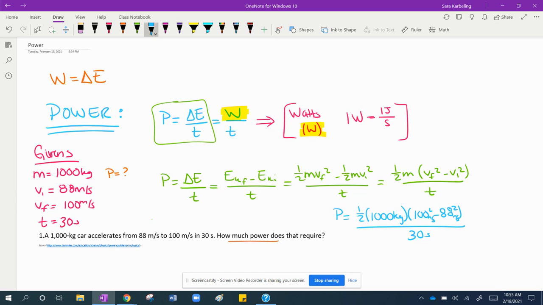So 0.5 times 1,000 times 100 squared minus 88 squared, and then divide that by the 30 seconds. And that gives us a total power that the motor had to provide of 37,600 watts. There's power.